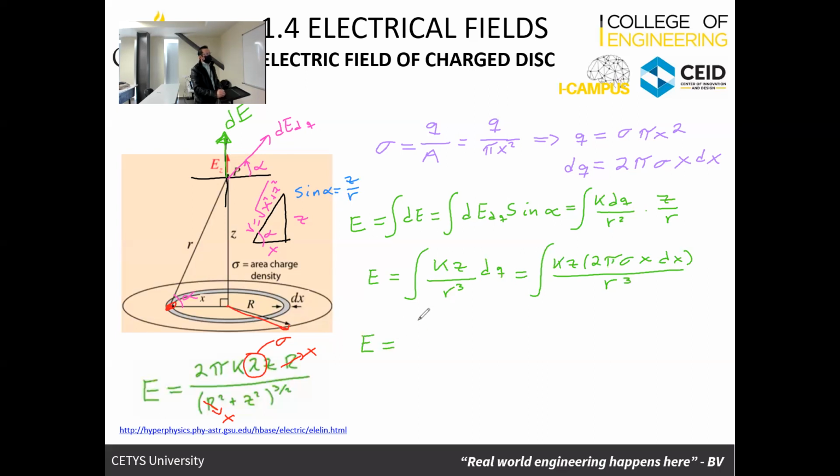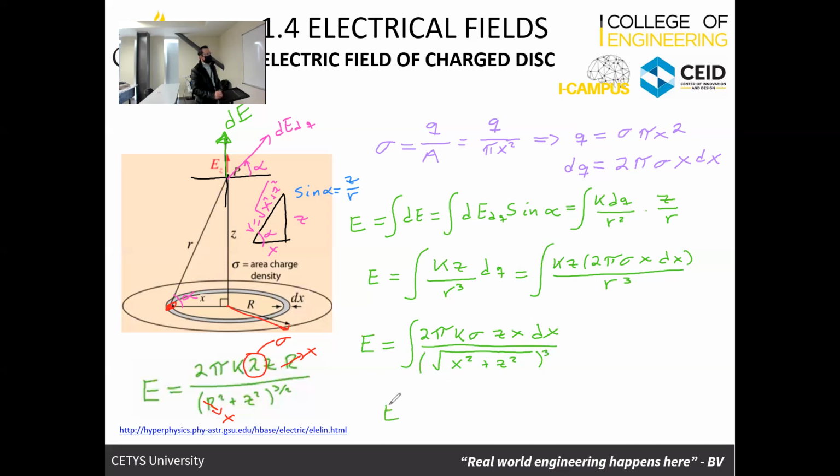Lastly, organizing this, we're going to have the integral of 2 pi k sigma z x dx, and we're going to substitute the square root of x squared plus z squared, and all of this is elevated to the 3.